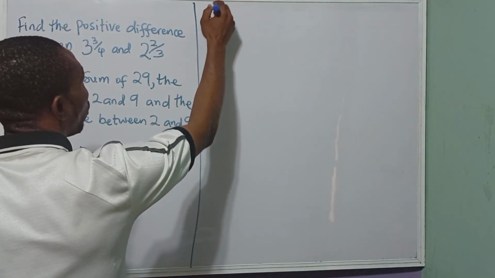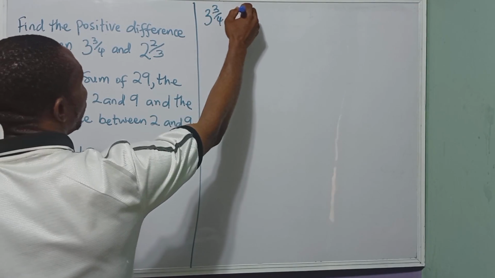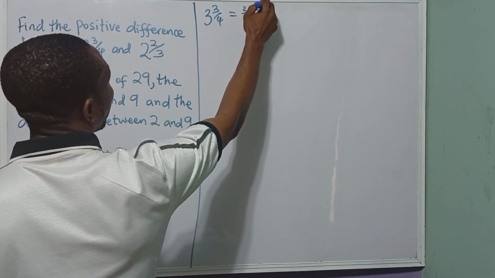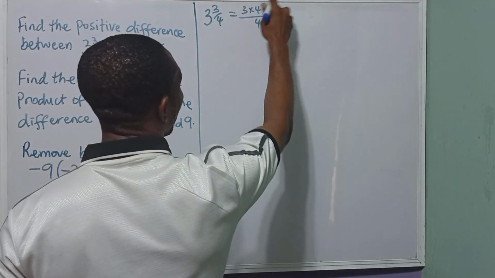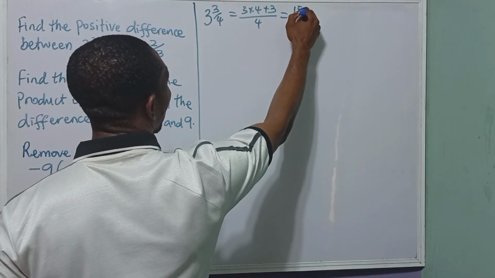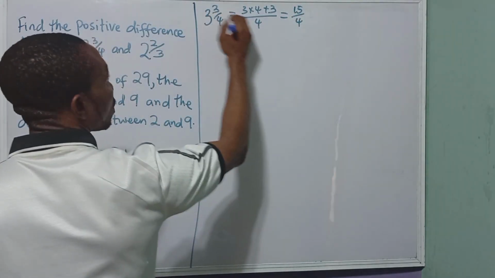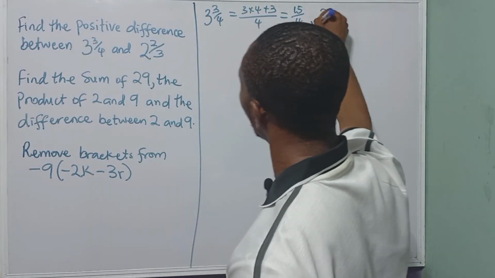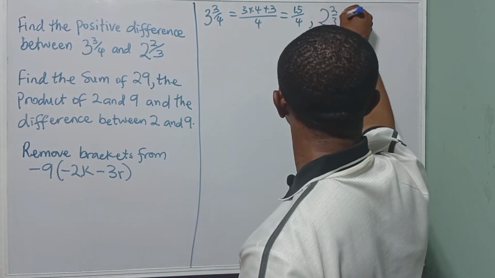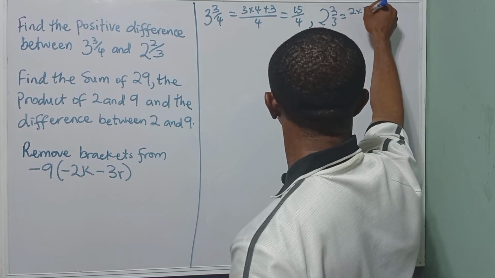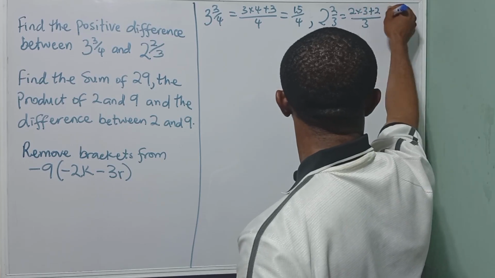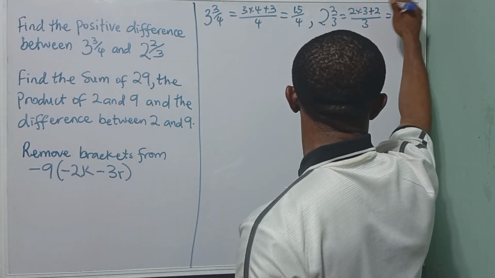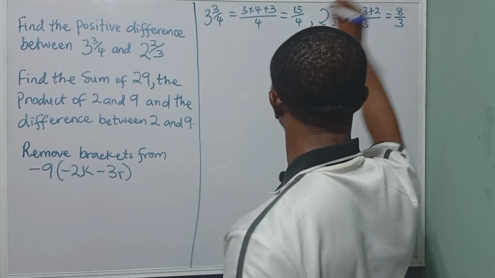And we have 3 whole number 3 over 4 to be 3 times 4 plus 3 all over 4. 3 times 4, 12 plus 3, which gives us 15 over 4. And converting the second one, we have 2 whole number 2 over 3 to be 2 times 3 plus 2 all over 3, which gives us 6 plus 2, 8 over 3.